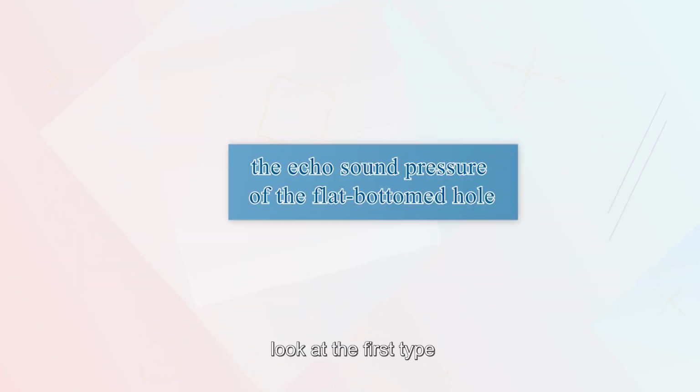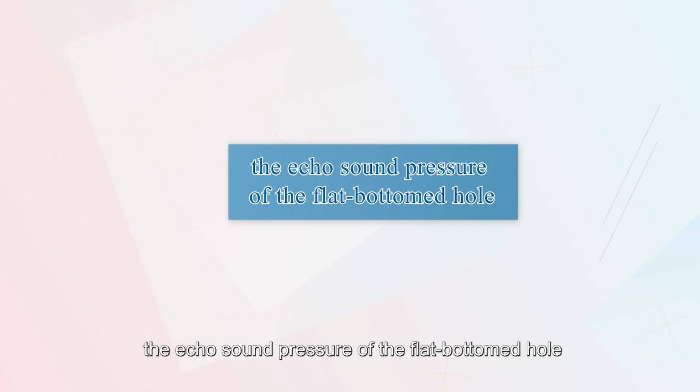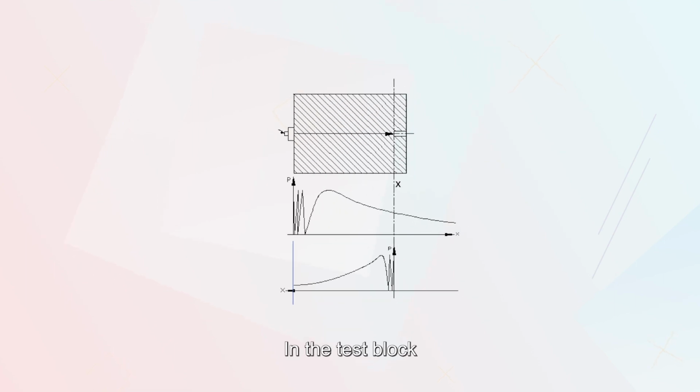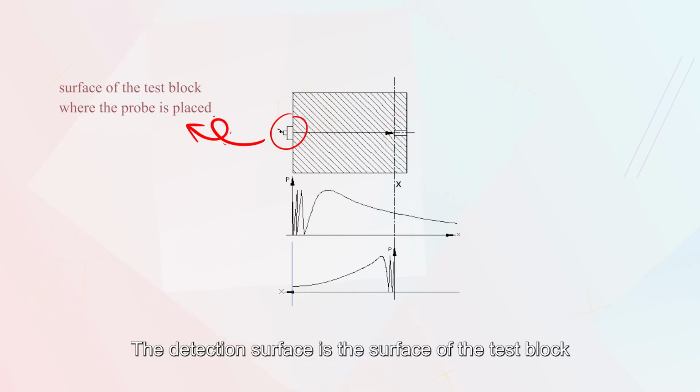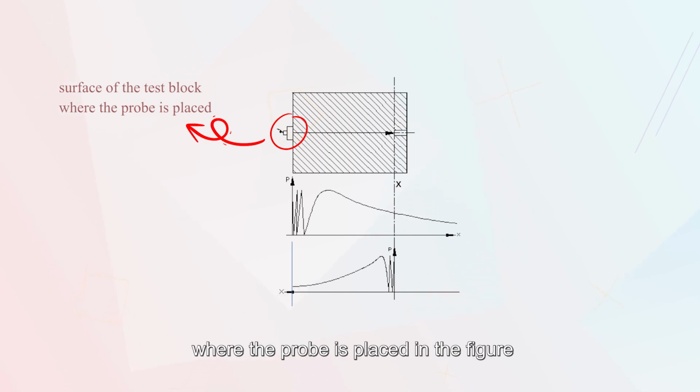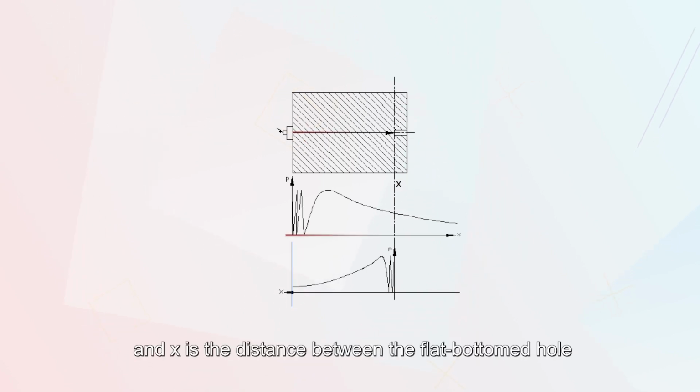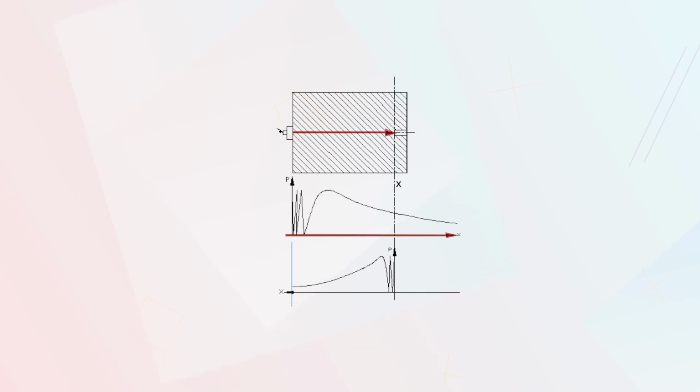First, look at the first type, the echo sound pressure of the flat-bottomed hole. In the test block, there is a circular hole whose bottom surface is flat and parallel to the detection surface. The detection surface is the surface of the test block where the probe is placed in the figure, and x is the distance between the flat-bottomed hole and the detection surface.